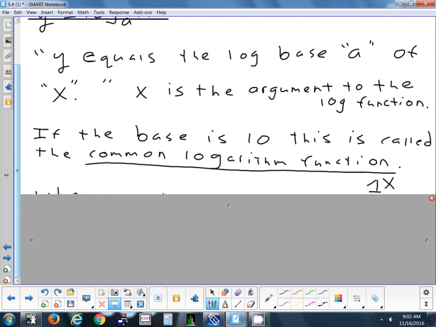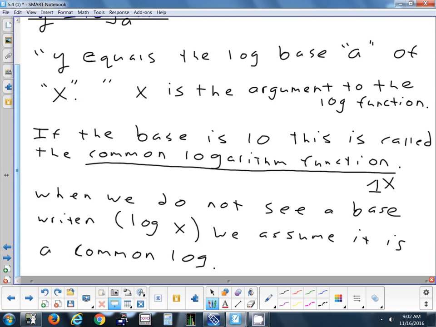Okay, it's a 1. Well, when we do common log, because it's used so much, you don't have to write the base. Okay, so if you ever just see the word log and there is no base written, you always assume that it's the common log. Okay, base 10. And that's how your calculator does it as well.